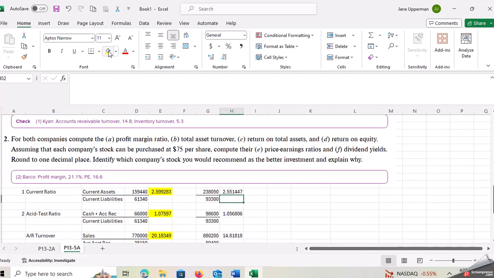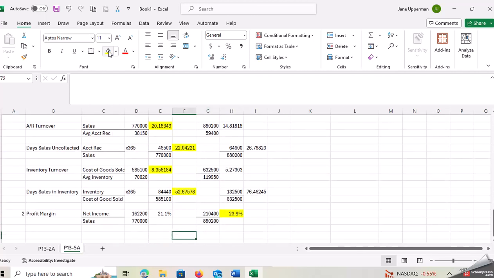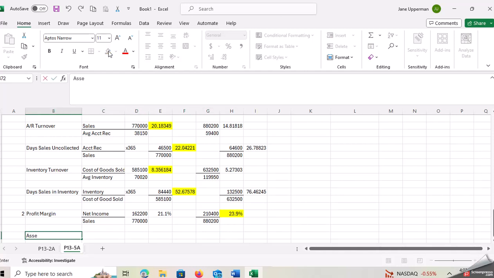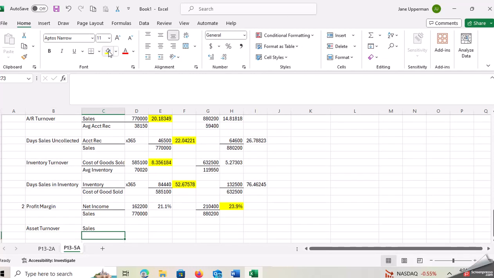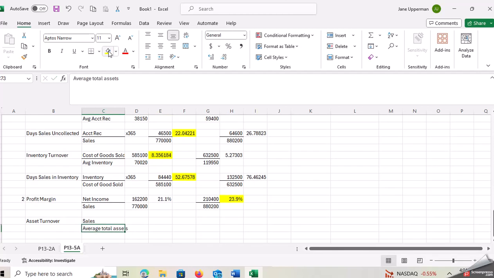Our total asset turnover is going to be our sales divided by our average total assets. So again, we have the sales right above.